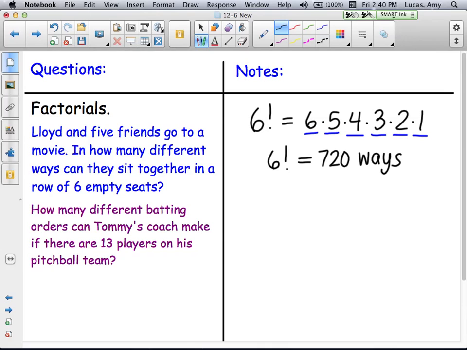Now the next one, how many different batting orders can Tommy's coach make if there are 13 players on his team? Well, 13 factorial is going to be 13 times 12 times 11 times 10, and so on.